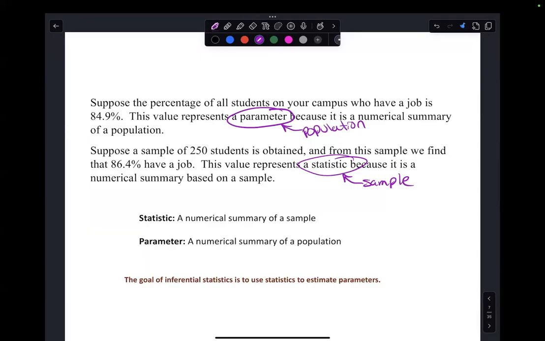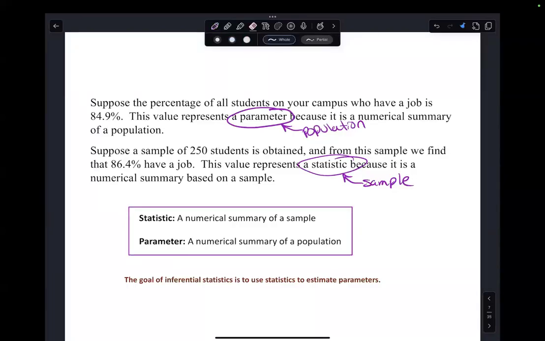It's usually less clear if it's a population, because they don't always say, of all of the RCC students. But this is the breakdown right here. Statistics refer to samples, and parameters refer to population.